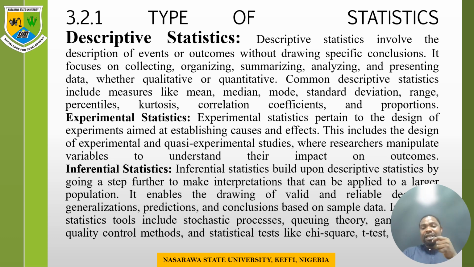Design of experiment aimed at establishing cause and effect. You see, you are looking at how one phenomenon causes another, and its effect. Now, this includes the design of quasi-experimental studies where researchers manipulate the variables to understand the impact and also the outcome of this information.